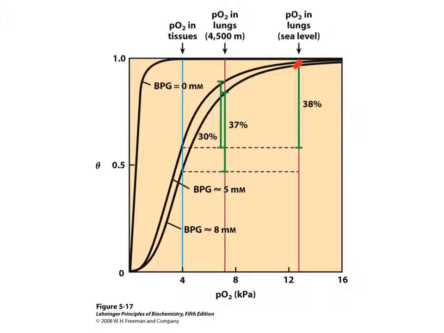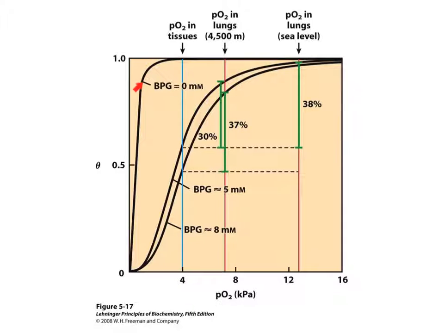So what happens is as it gets to the tissues, it goes from here to here, from being almost 100% bound to only approximately 60% bound, 0.6 or so. So it gives up about 40% of the oxygen that's bound on the hemoglobin.